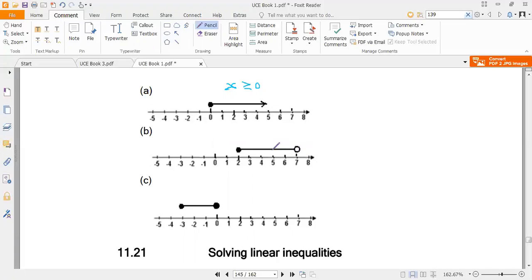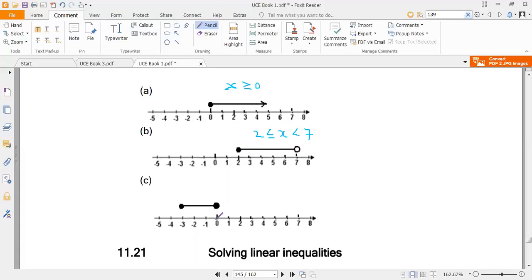Then for this one, the value lies between 2 and 7, but 2 is also inclusive. So it will be 2 less than or equal to x less than 7.